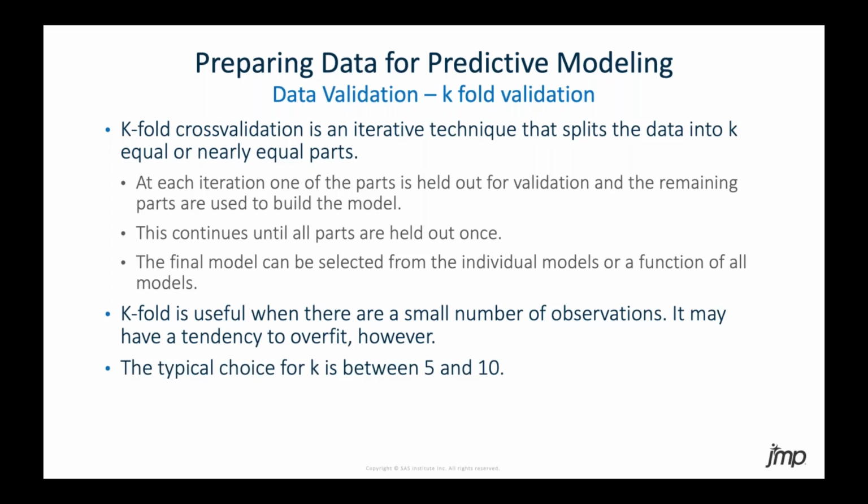A typical choice of k is between 5 and 10, so split the data set up into 5 or 10 parts. In the extreme, there's something called leave one out, where I leave one observation out, use the rest of the data to build the model, and iterate till each observation is held out once. Very good for really, really small data sets. Again, the issue here is the potential for overfitting.